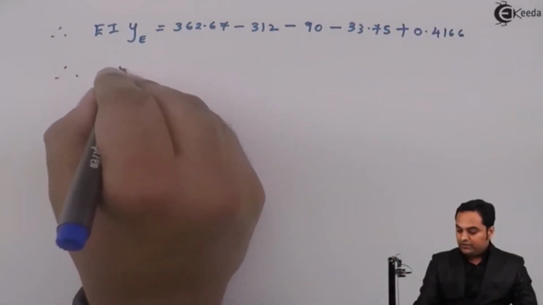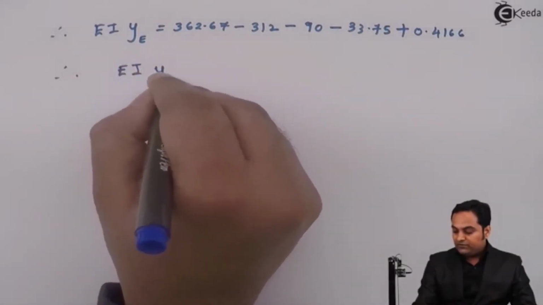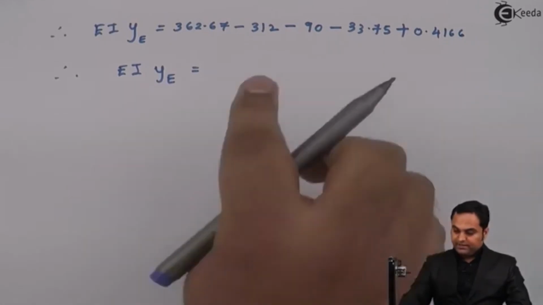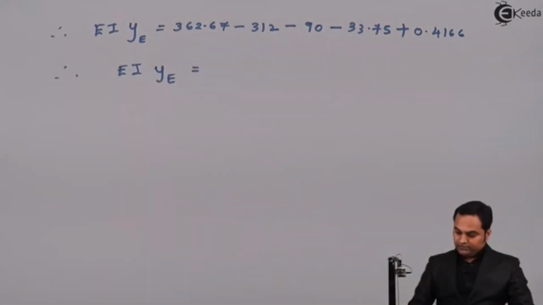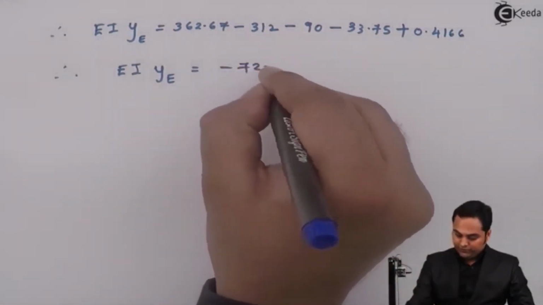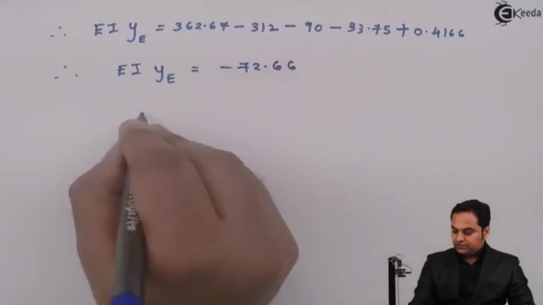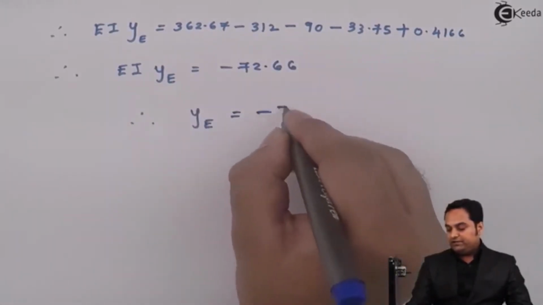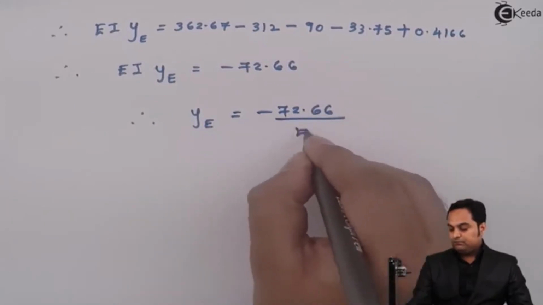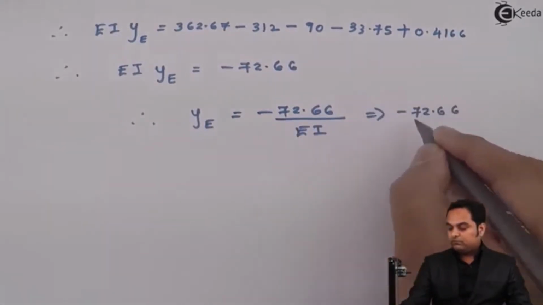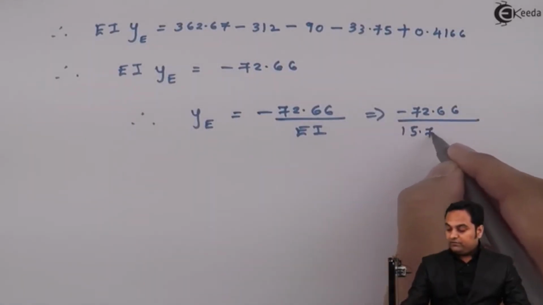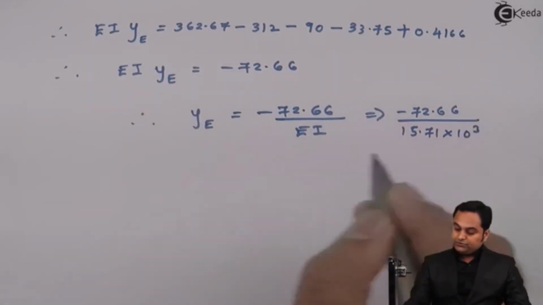So therefore EI y suffix E will come out to be, I am adding all the terms here, so that answer is minus 72.66. Now I want y suffix E, so shifting EI in the denominator, EI is 15.71 into 10 raised to 3.